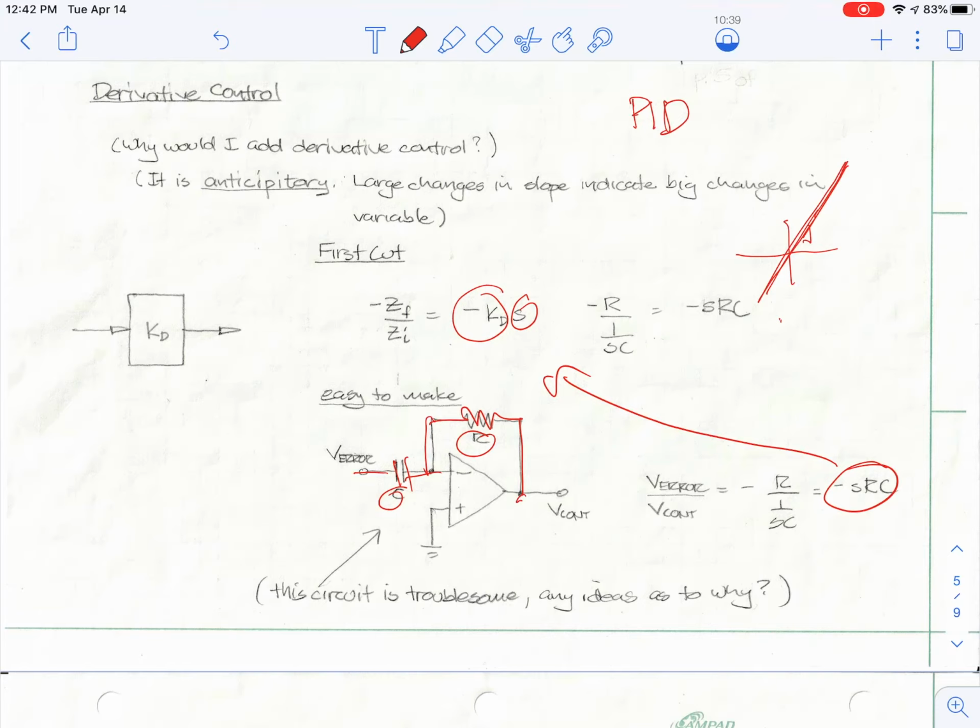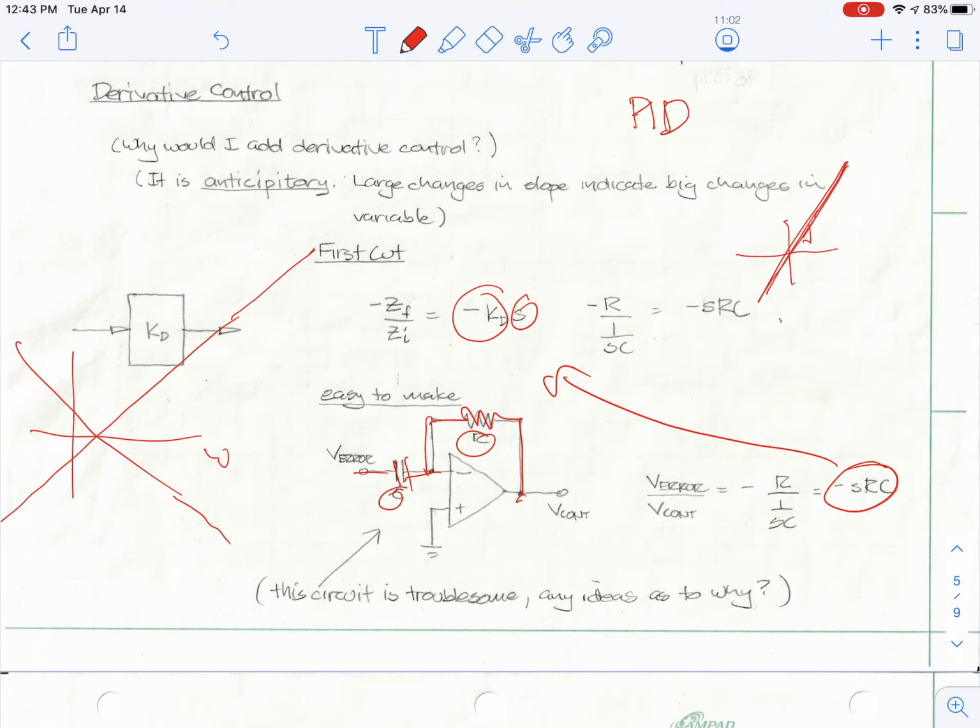But it's troublesome. The major reason is that if I look at the Bode plot for an integrator, it goes down with a minus 20 dB slope. As omega gets bigger and bigger, the value gets smaller and smaller. Whereas a differentiator goes up with a 20 dB per decade slope.